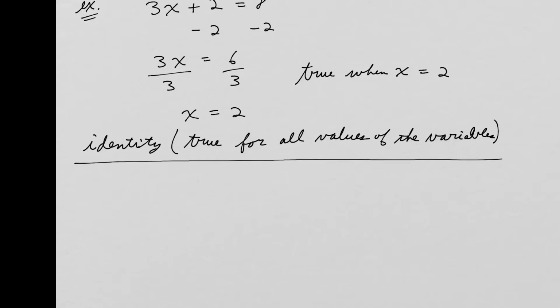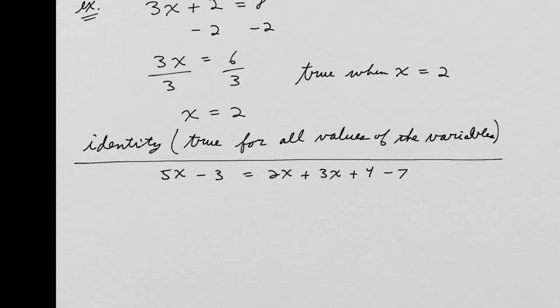Okay, so for example, let's say I have this equation, 5x minus 3 is equal to 2x plus 3x plus 4 minus 7.